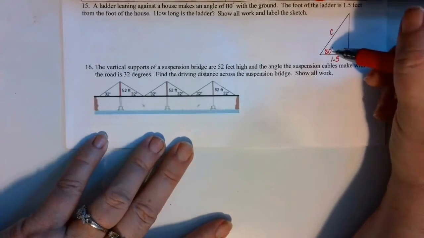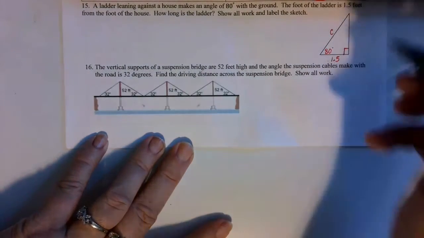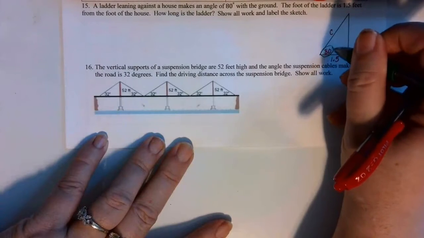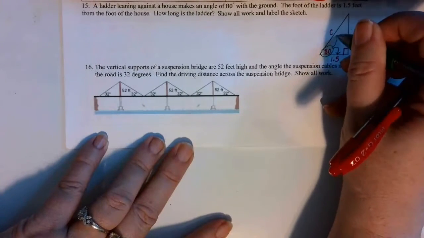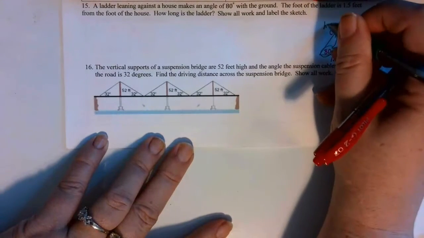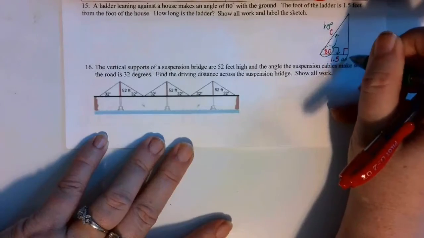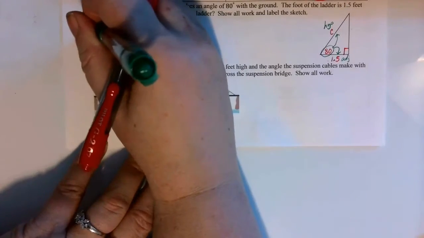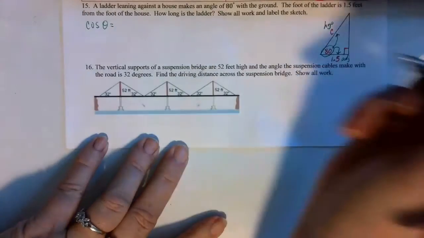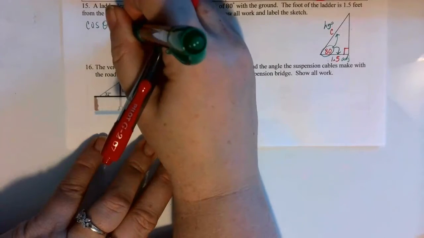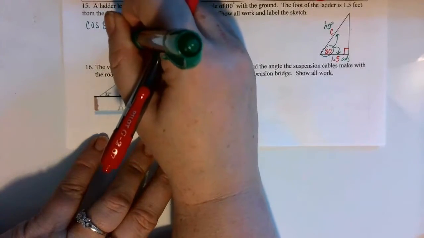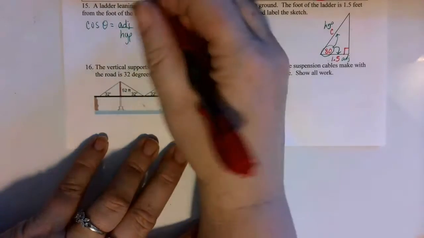So if I have the angle 80 degrees, and I know the adjacent, and I'm looking for the hypotenuse, then cosine would be the ratio that I want, because cosine is the ratio of the adjacent over the hypotenuse.